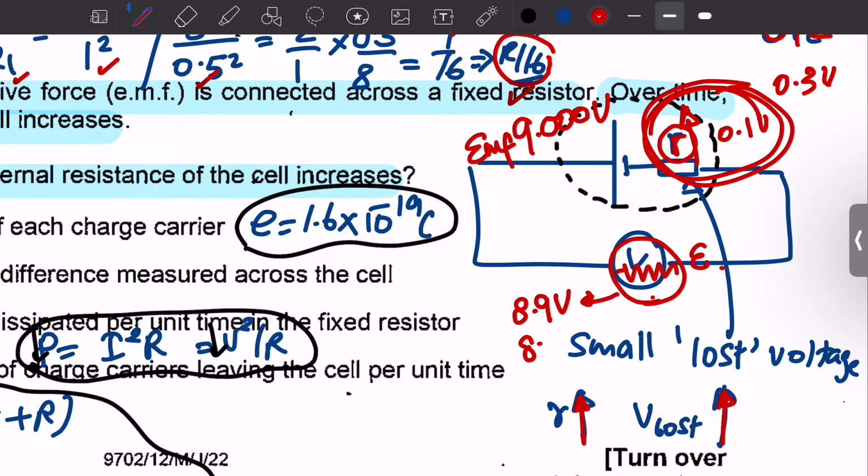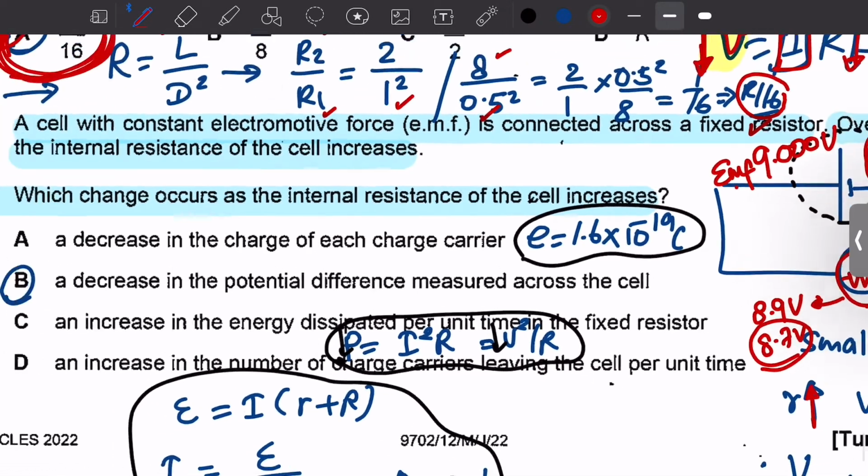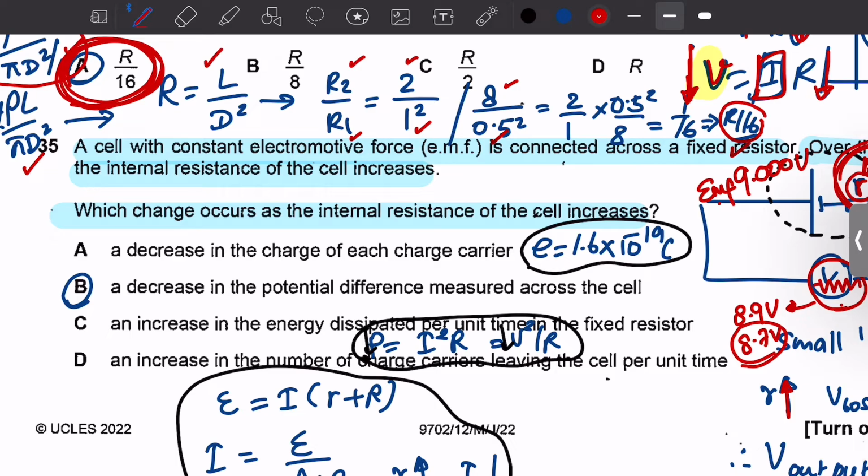Obviously this has to go 8.7 volt, right? Because total voltage still has to come to 9. That's why here we say the decrease in the potential difference measured across the cell. What I mean is the voltage output or terminal potential difference will decrease, because part of the voltage goes into internal resistance.